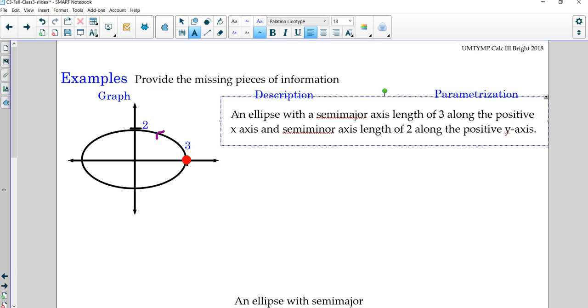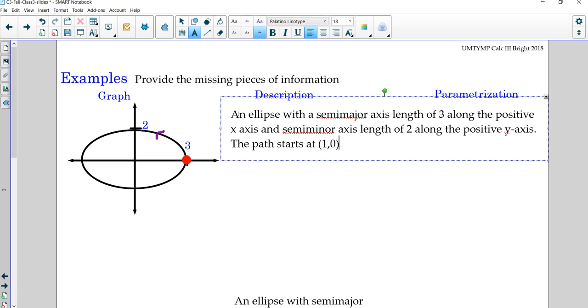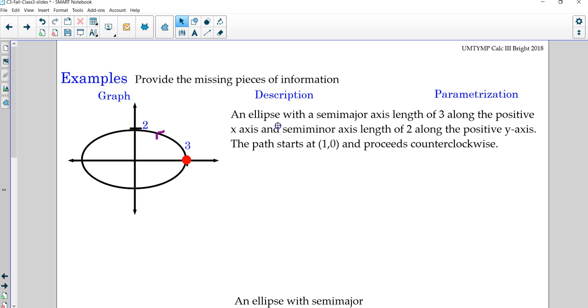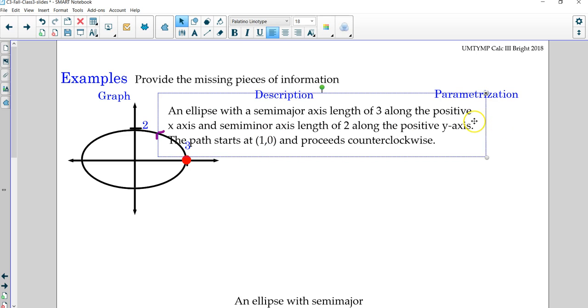Okay. The path starts at 1, 0 and proceeds counterclockwise. All right. So that is good, and I'm just going to do a little formatting here.